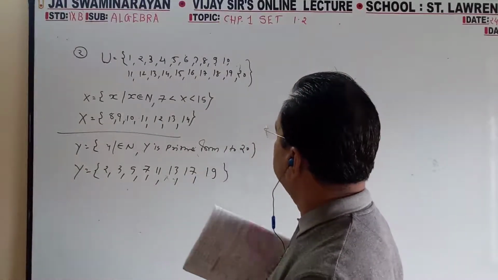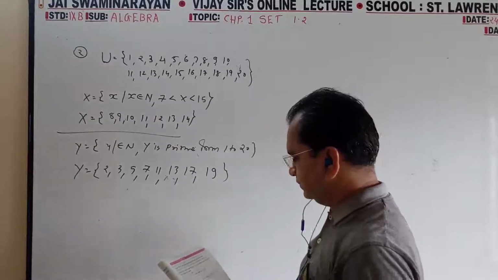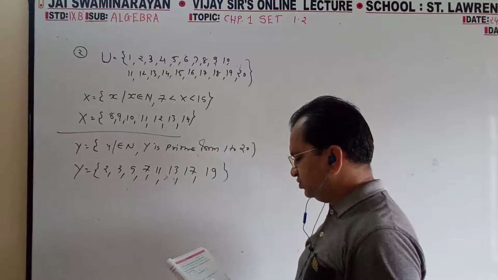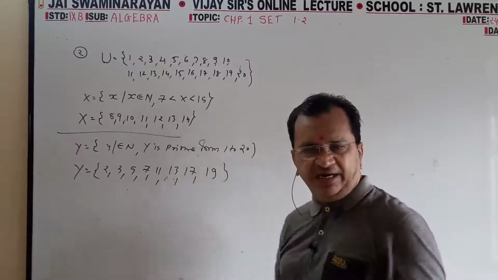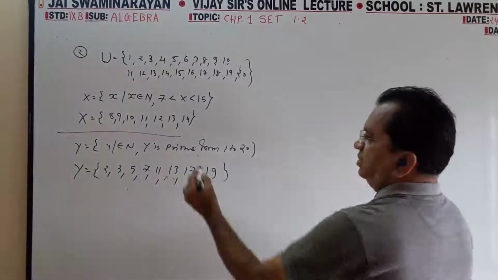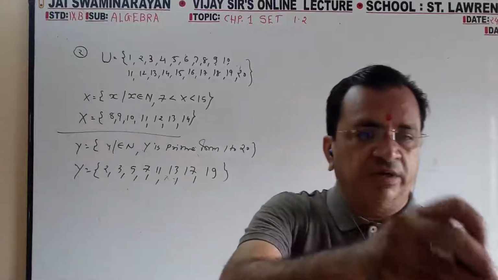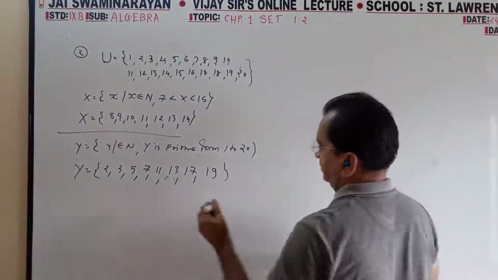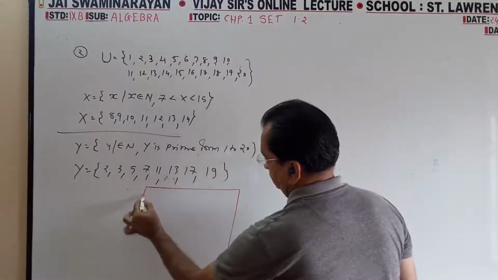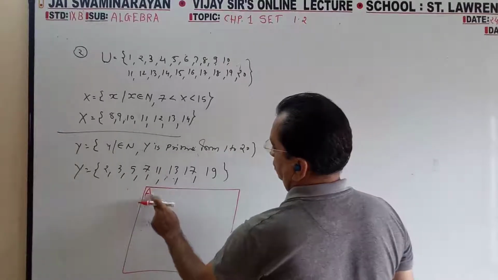Now we have to show the universal set, and show the sets X and Y using the Venn diagram. Some are in X also, some are in Y also. So how to draw the diagram very intelligently. This is the universal set.